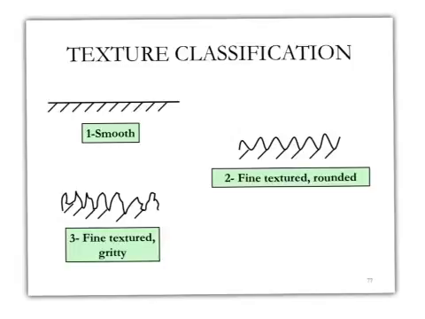Meaning that I may use rounded aggregates, and at the same time it's fine textured, while I can have the same fine texture but using gritty or irregular shapes of aggregates. So again, we can go from smooth to fine texture using rounded aggregate, all the way to fine textured using gritty or irregular aggregates.